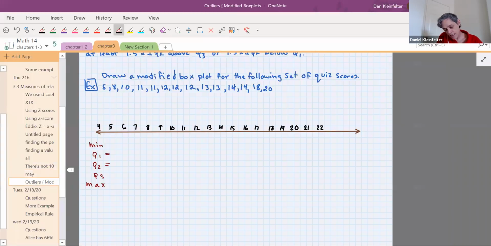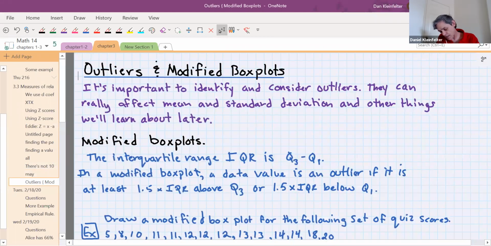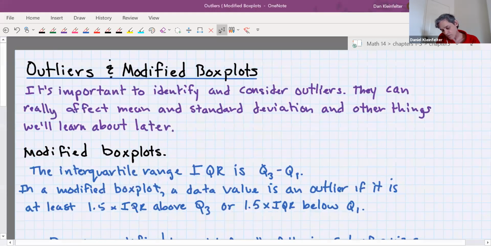Okay, the next thing though we want to do is talk about outliers just a little bit and modified box plots. So we've mentioned outliers before, and it's worth repeating that it's a good idea to recognize outliers when they're present, because a lot of the procedures that we do in statistics are affected by the presence of outliers.